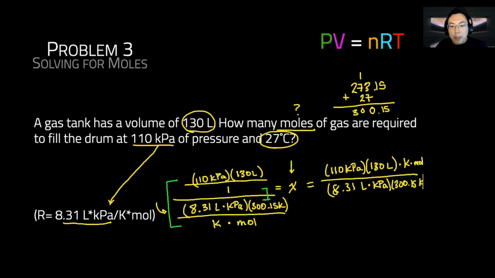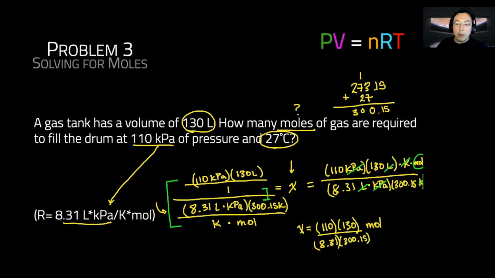All of this would be equal to X. Now we just cancel the units that are redundant, right? Or that we have on the top and in the bottom. Kelvin can go out and we're just remaining with the mole in there. We can rewrite this to see it cleaner as 110 times 130 mole over 8.31 times 300.15, right?